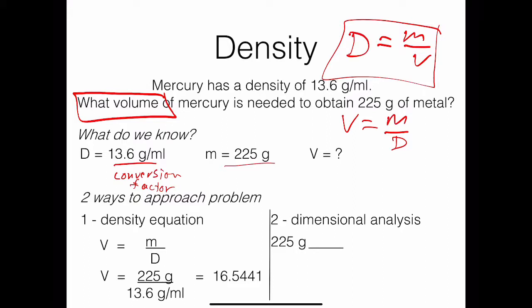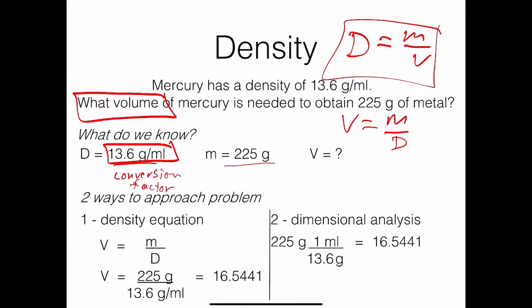If we do that, we draw our line. We put the unit we started with on the bottom of that line. So grams goes on the bottom. We want to make sure that unit cancels out. What we're going to put on top is then milliliters, because we're told right here that our density is 13.6 grams per milliliter. 13.6 goes with the grams on the bottom, 1 goes with the milliliter on the top.